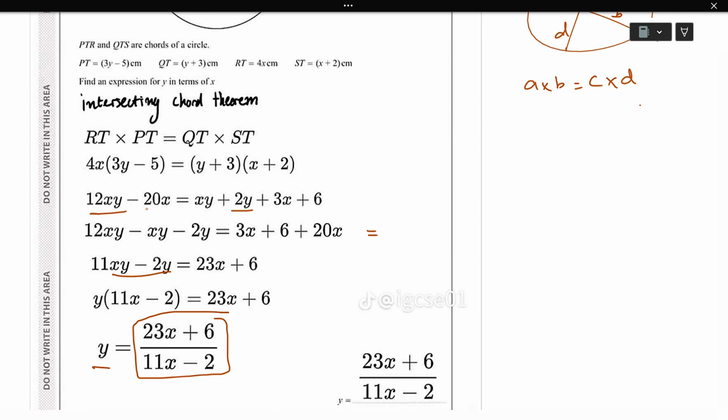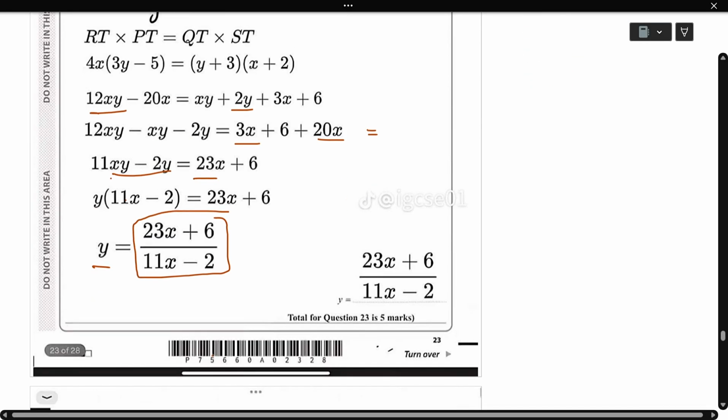Then the 20 will bring to the right side. So 3x plus 20x becomes 23x. So here y we are taking common, which is 11x minus 2 and 23x plus 6. So y equal to 23x plus 6 over 11x minus 2.